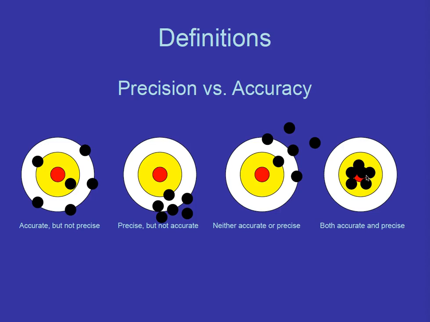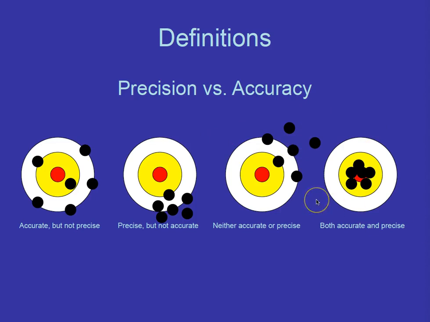But if it is not close to the target and you are getting the same readings after multiple trials, then you can say the precision is good, but the accuracy is bad. And if you reach the target and the readings are close, then the readings are precise as well as accurate.